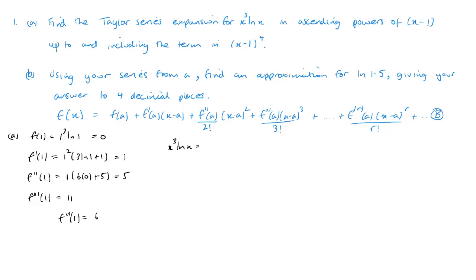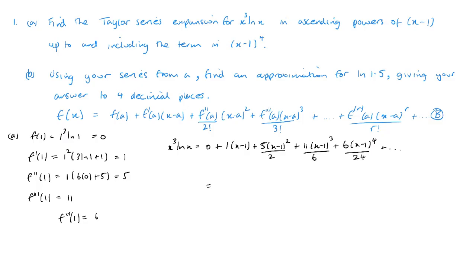Now f of a, that's f of 1, which is just 0, plus 1 times (x minus 1), plus 5 times (x minus 1) squared over 2, plus 11 times (x minus 1) cubed over 3 factorial, which is 6, plus 6 times (x minus 1) to the power 4 over 24.